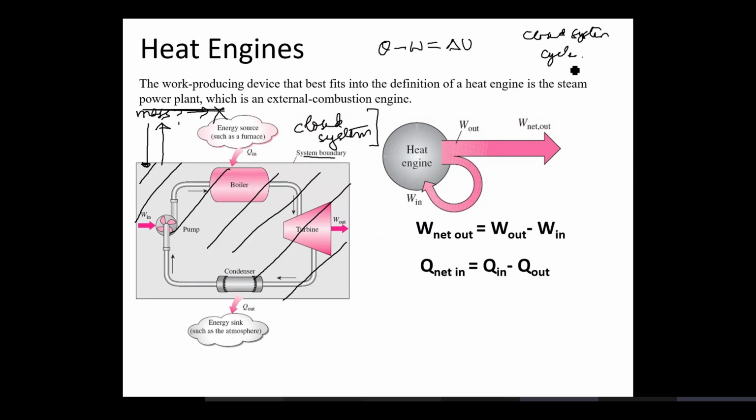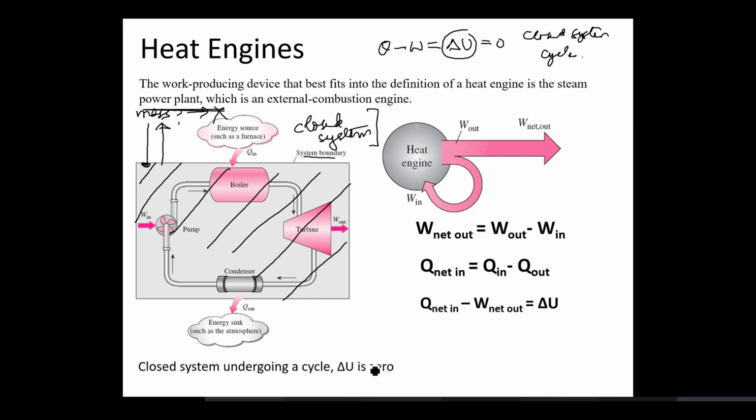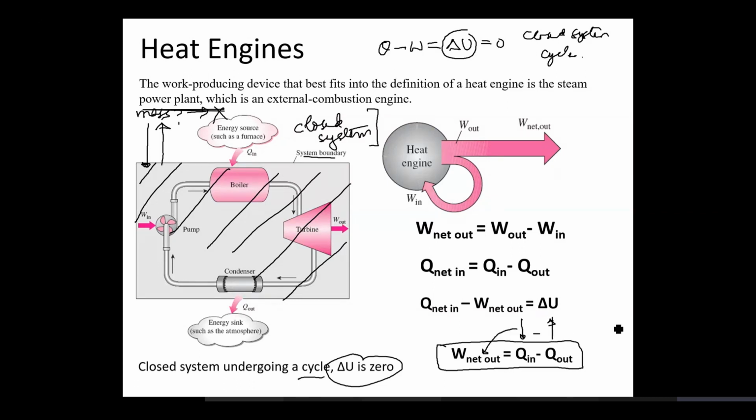Delta U depends upon state, so delta U would be equal to 0. You would essentially have, for a closed system undergoing a cycle, delta U is 0, and you will have work net out equals Q in minus Q out. That means total heat provided to the system minus the heat rejected out of the system gives you the net work produced by the heat engine. Clear enough?